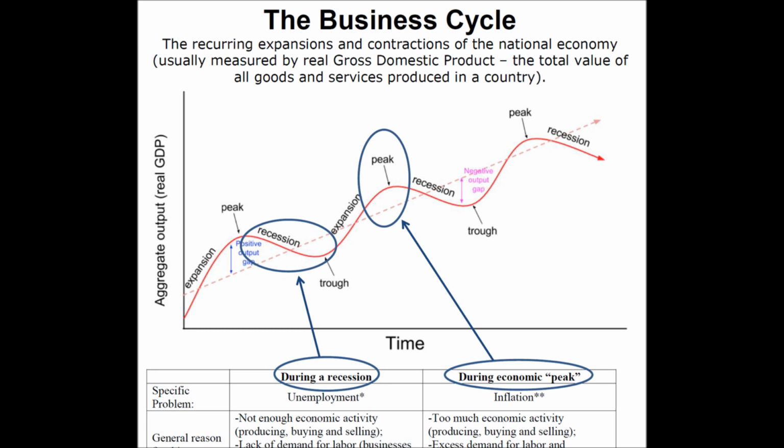And business refers to the entire economy, millions of people going to work and producing and getting paychecks and spending that money, and businesses producing things, thousands of businesses producing things that we want to buy. That's the economy. And this is the pattern that it follows over time. It's called the business cycle because the pattern repeats itself over and over.